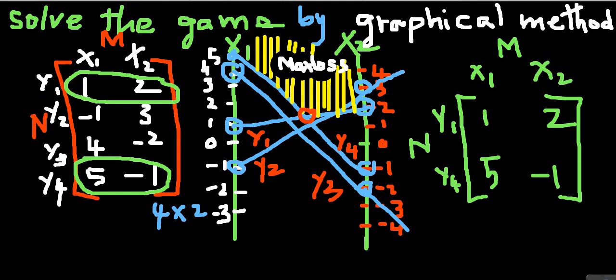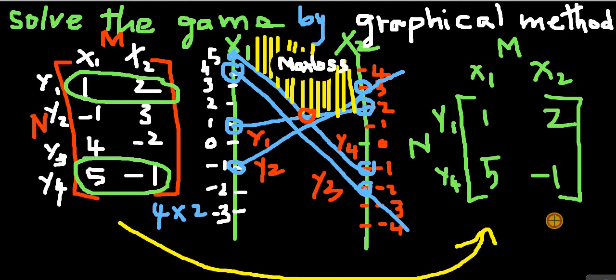So what we see here is that this 4 by 2 matrix is changed into a 2 by 2 matrix like this. This is the way we can change any matrix, but the condition is that either this player or this player should have only two strategies. Then we can use this graphical method.